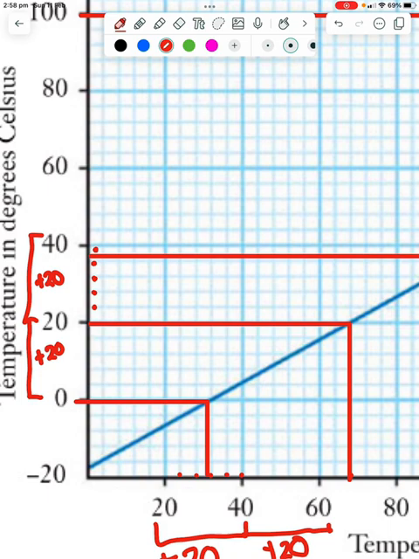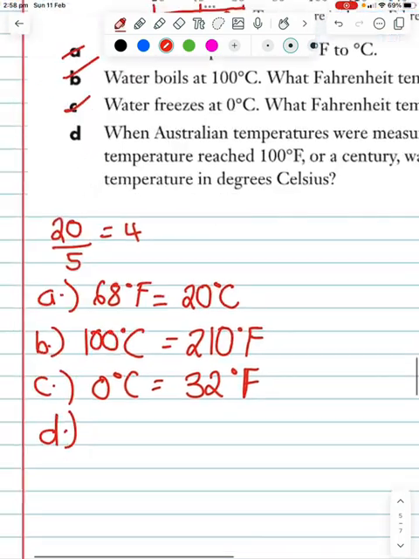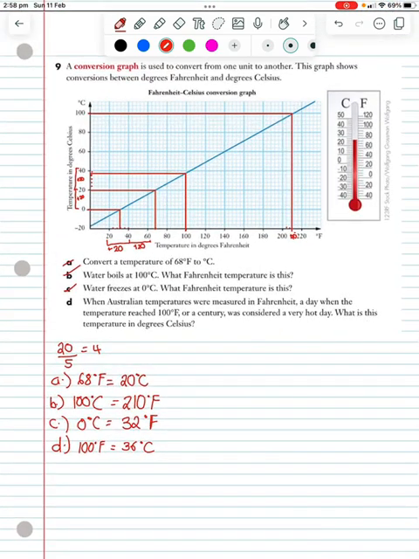So it's halfway between 36 and 40. I would probably say it's more near the 36 line. So I'm going to scroll down and say my 100 degrees Fahrenheit is equal to 36 degrees Celsius. And that's it for this example.